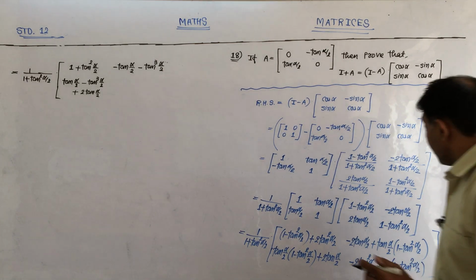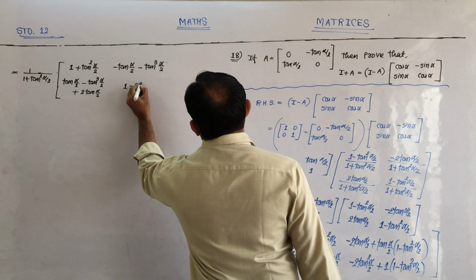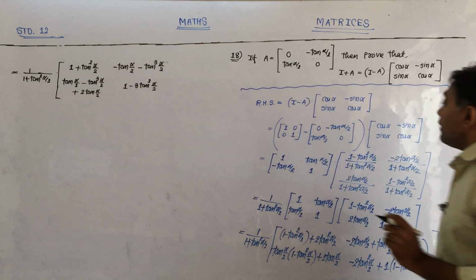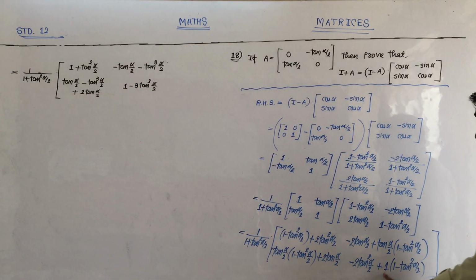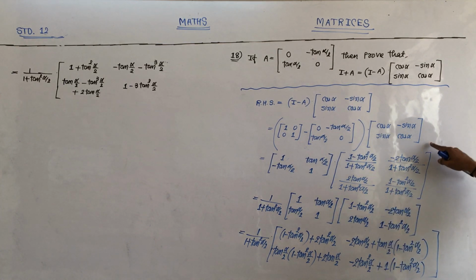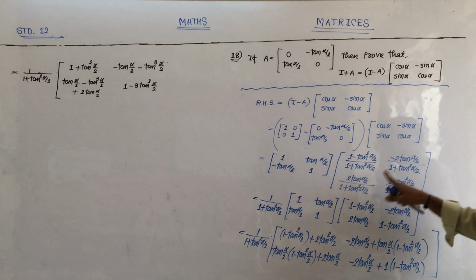So this is the other thing, 1 minus 3 tan square alpha by 2 is this. I write it directly, 1 minus tan square alpha by 2 and minus 2 tan square alpha by 2 is this.